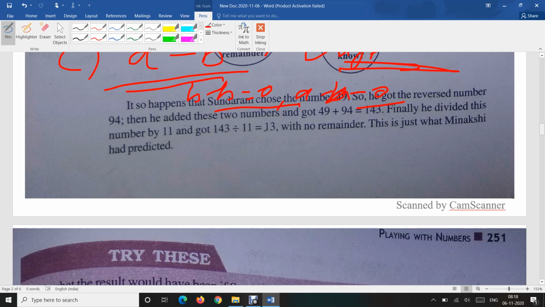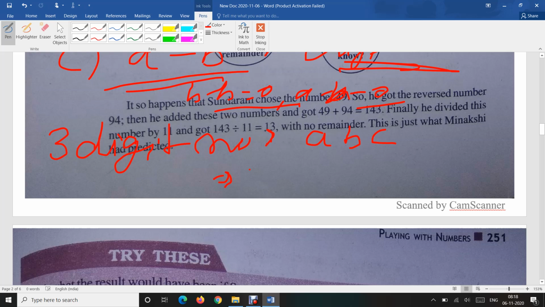Now suppose, these were 2-digit numbers, but can this rule work for 3-digit numbers? So let's see for the 3-digit number. Now suppose you have a number ABC.